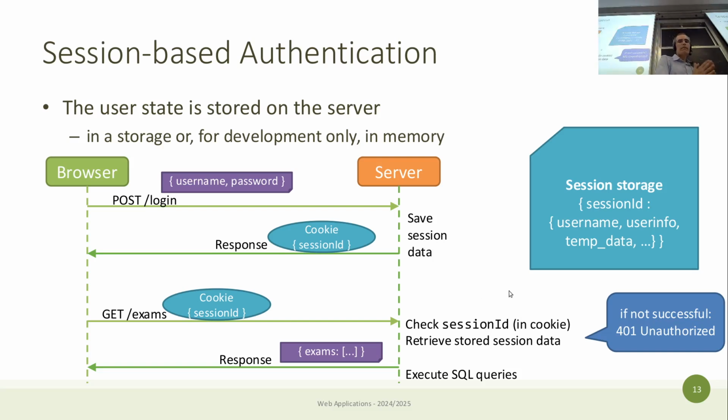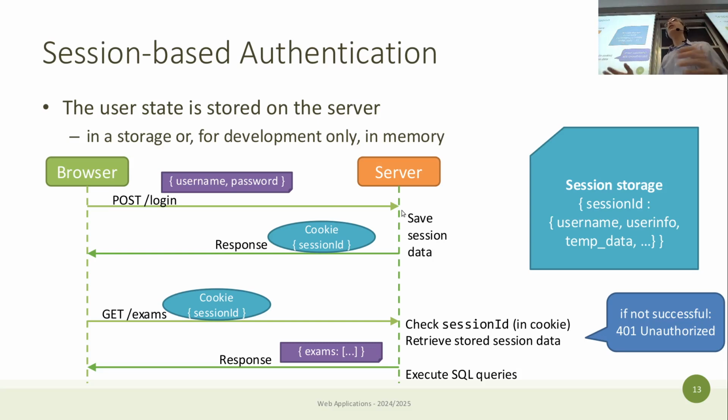Okay, so that's the way in which the authentication operation works. We want to create a session, so a browser initiates a request toward the server without having any cookie.